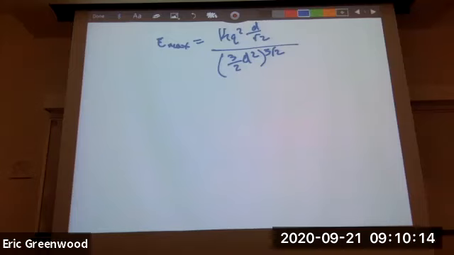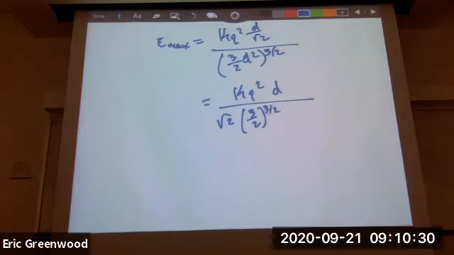Okay? So this finally becomes kq squared, let's write it out slowly, d divided by square root of 2 times 3/2 d cubed.